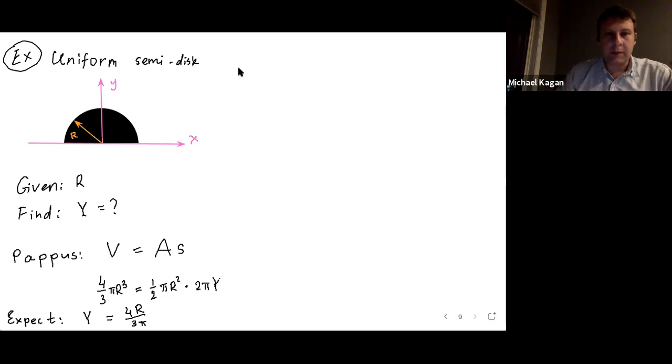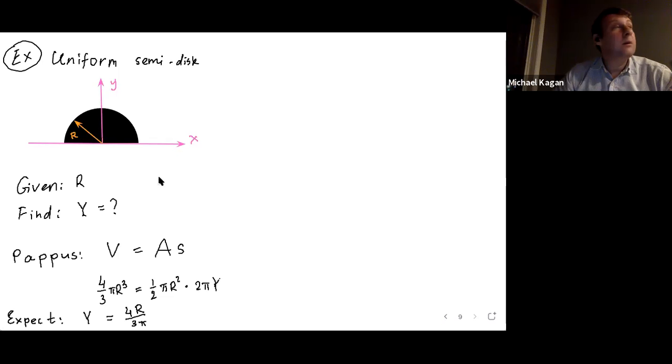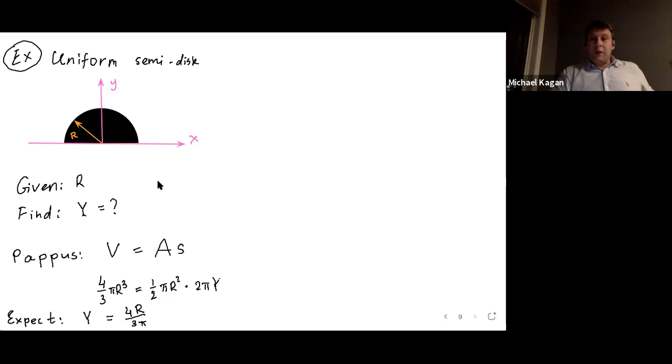But we know something already. So what do you think we could do with this semi-disk? You can turn it into a non-uniform rod. Oh, and do a one-dimensional integral? Yeah. We could, that's one way. Maybe you take some time and do it.